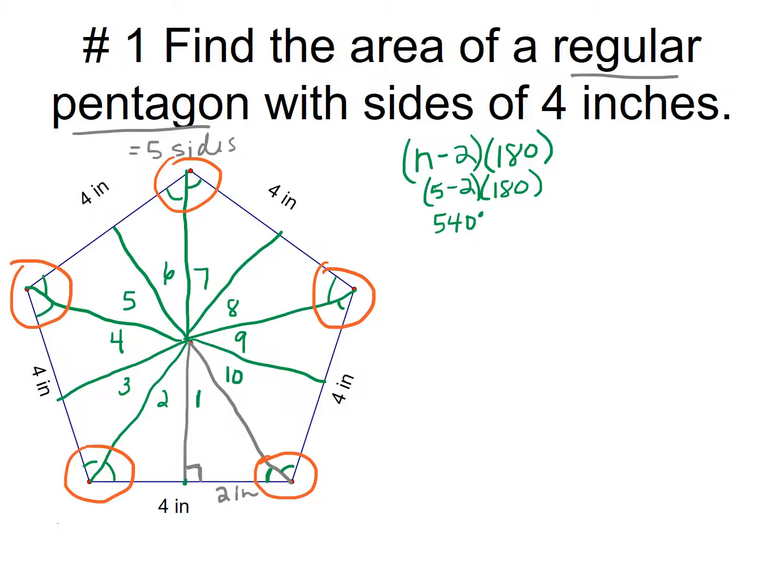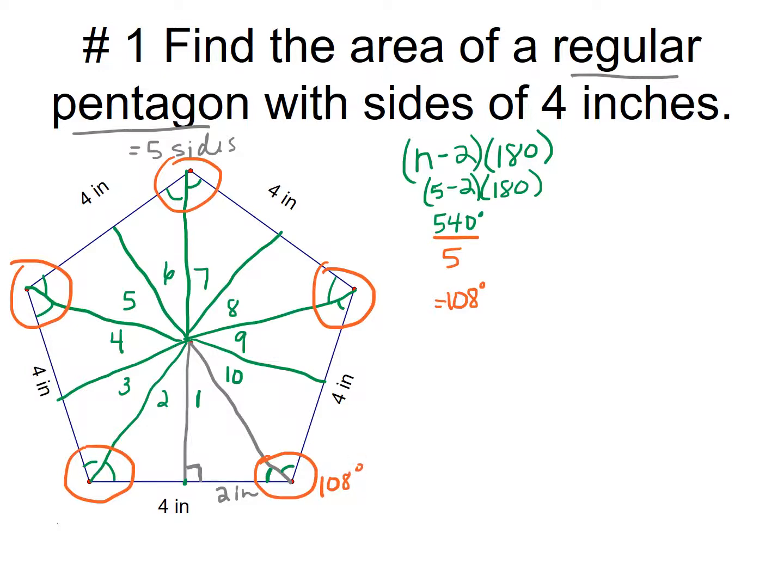So I can know exactly what one is. I'm going to take that 540 and divide it by 5, the number of sides. So 540 divided by 5 gives me 108 degrees. So now all of these orange circles, the angles inside them have to be 108 degrees.